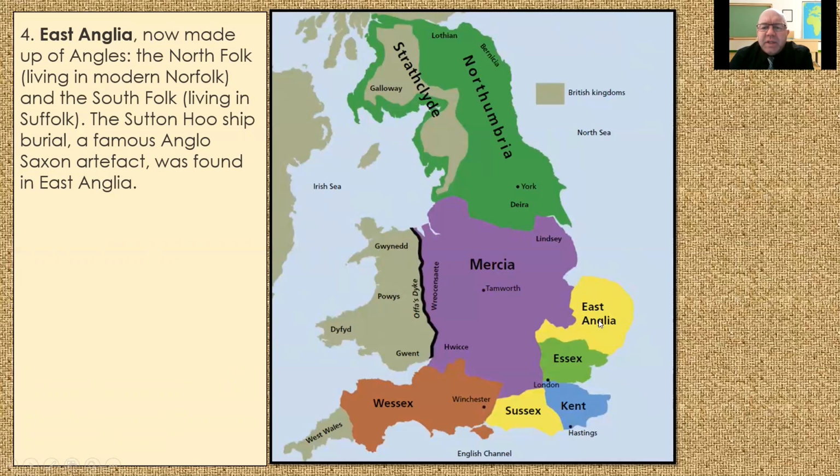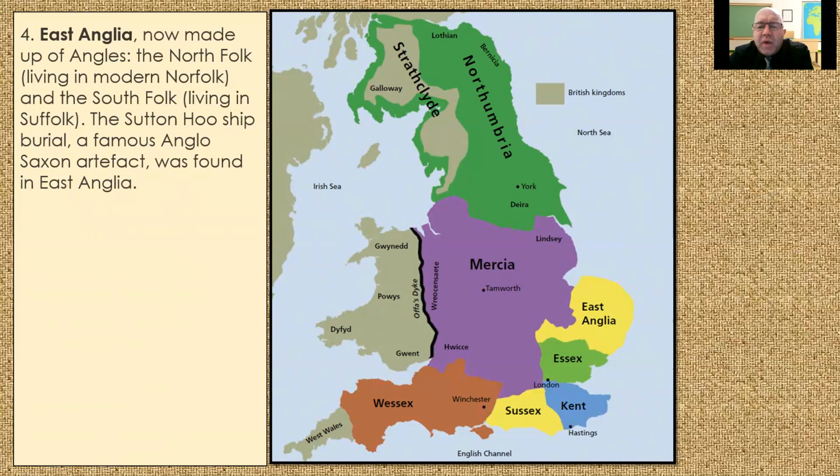Okay, so they've taken over this area now. 200 years after the landings, they've now taken over East Anglia. The North folk, living in modern Norfolk, and the South folk living in Suffolk. Okay, so you can see where the names come from. So Norfolk and Suffolk coming from North folk and South folk.